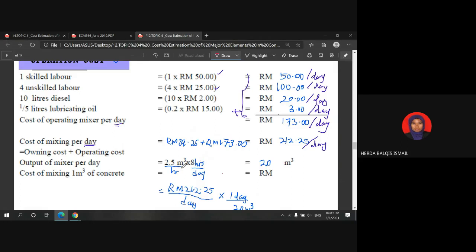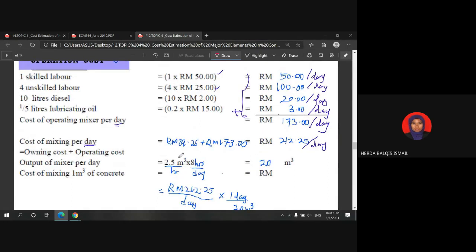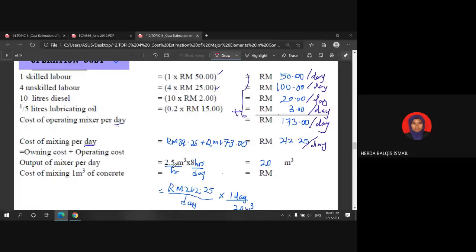We want to get the value per day, the quantity in 1 day. We know that the standard working hours in a day is 8 hours, so that's why we multiply with it, and we get 20 cubic meter per day, the output per day.